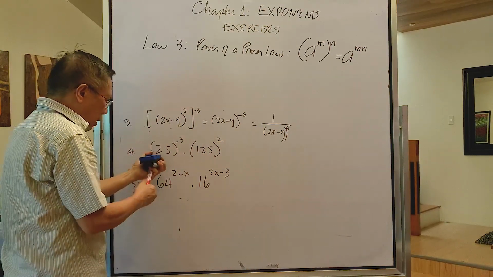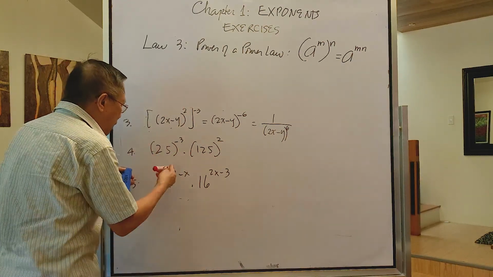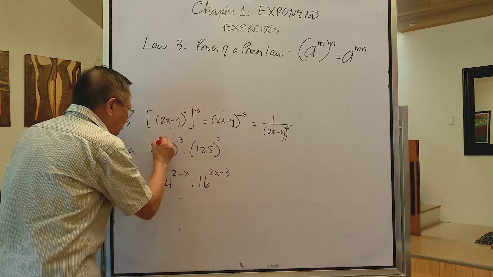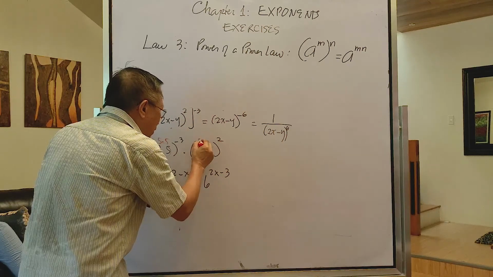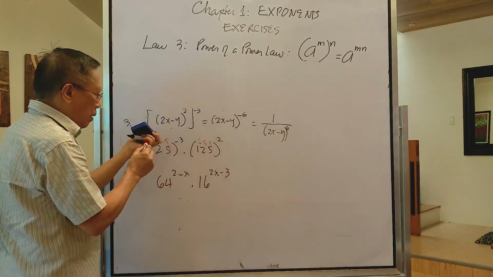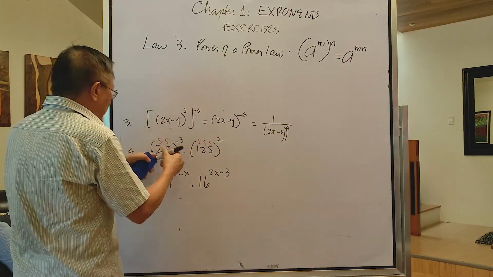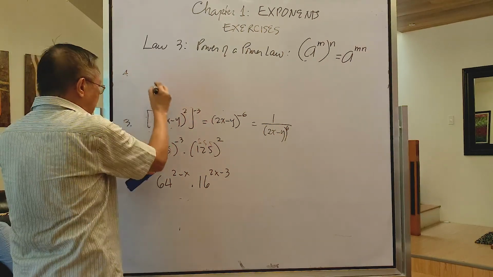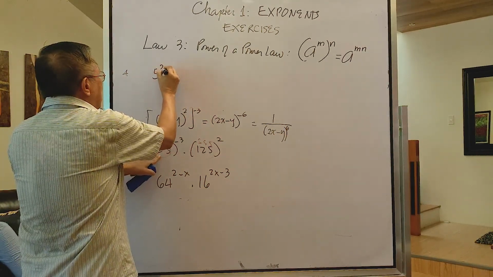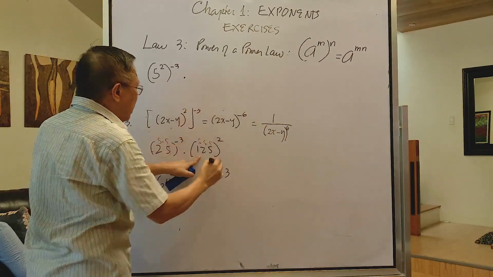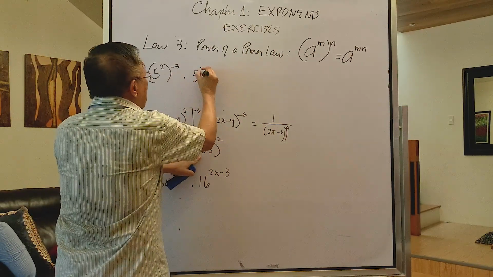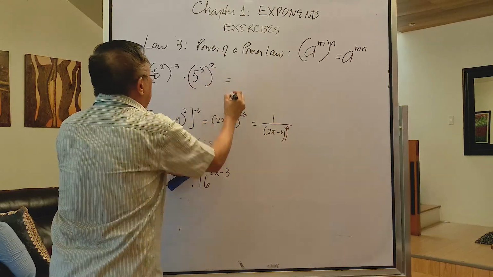Okay, so if it is prime, let's see, I can have this written as 5 times 5. And actually this one is what? 5 times 5 times 5. Which means for this number now, I can write this as 5 squared raised to the negative 3 times this is 5 cubed raised to the 2.